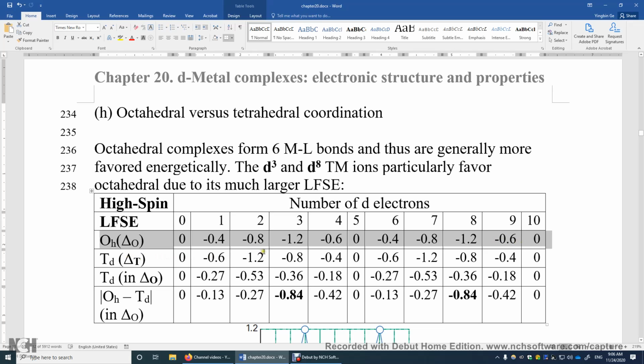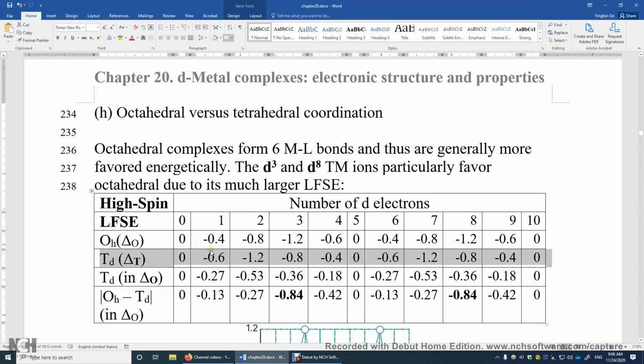And similarly, we can have another row for the LFSE in a tetrahedral complex. But these numbers are not in delta O, they are in delta T, of course. In this tetrahedral complex, you have the 2 doubly degenerate E orbitals below the barycenter and 3 T2 orbitals above the barycenter.